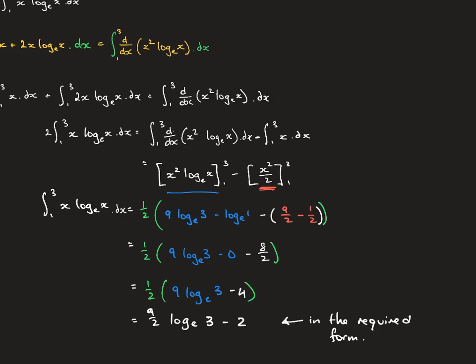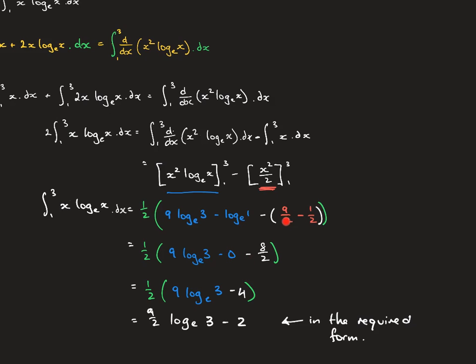So let's go through here. So we substitute the 3 and we get 9 log to the base e of 3. Substitute in the 1, we get 1 log to the base e of 1. Substitute in the 3 here, we'll get 9 on 2. Substitute in the 1 and we'll get a half. Log to the base e of 1 is 0, so this just simplifies to 9 log to the base e of 3.